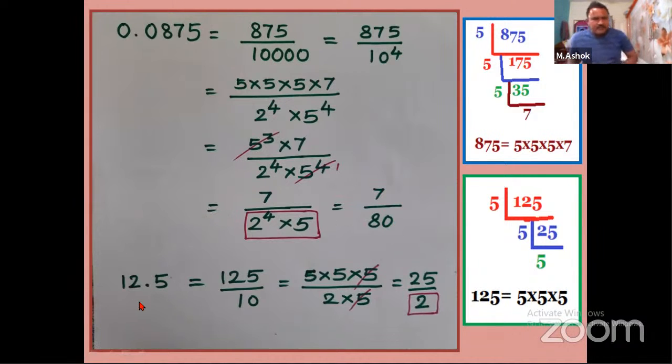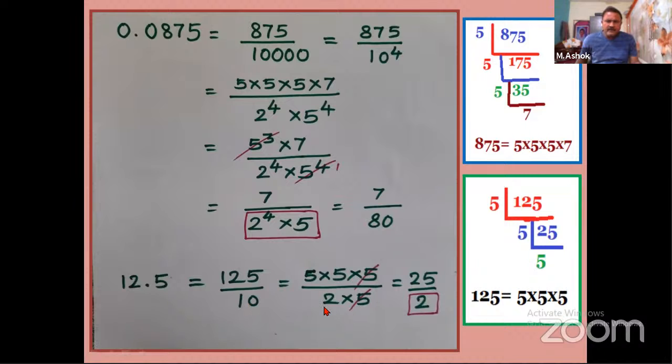Now look at the last example, 12.5. If you remove the point, it becomes 125 by 10. For the point put 1, and for 1 digit put 1 zero. So 125 by 10. Now 125 can be written as 5 into 5 into 5: 5 2s are 10, 2 remainder, 5 5s are 25, again do with 5, 5 5s are 25.